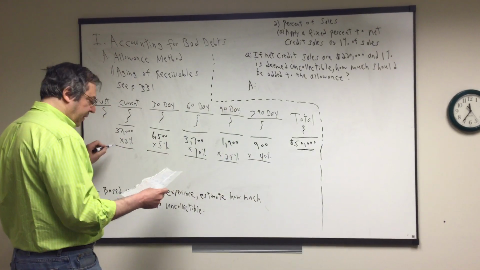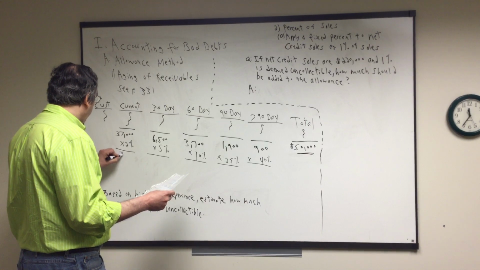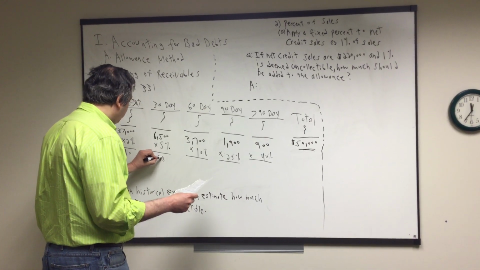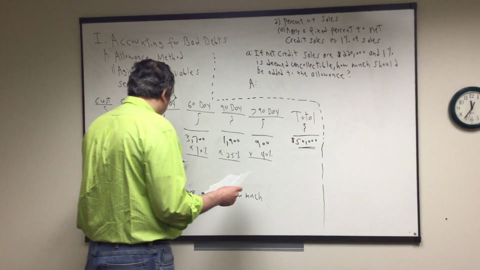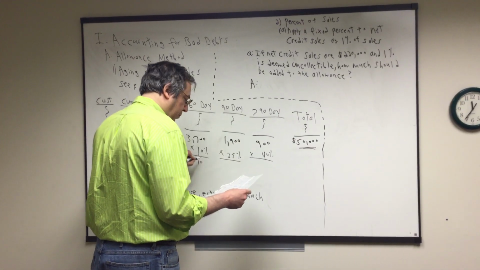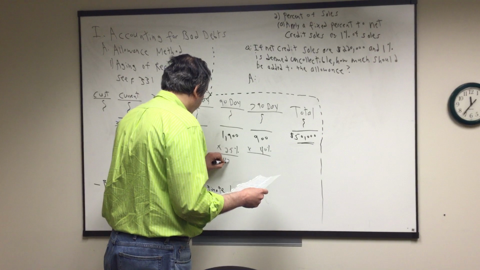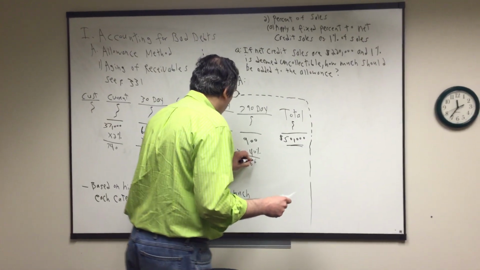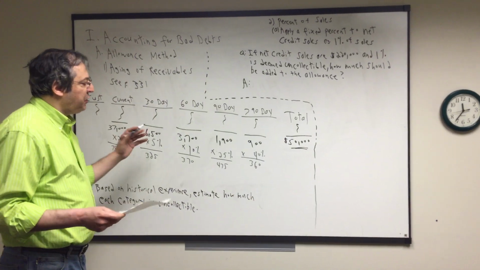And when we multiply these out, we get 740, 325, 370, 475, and 360.